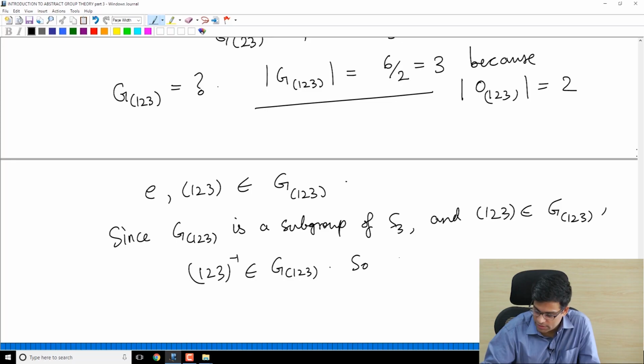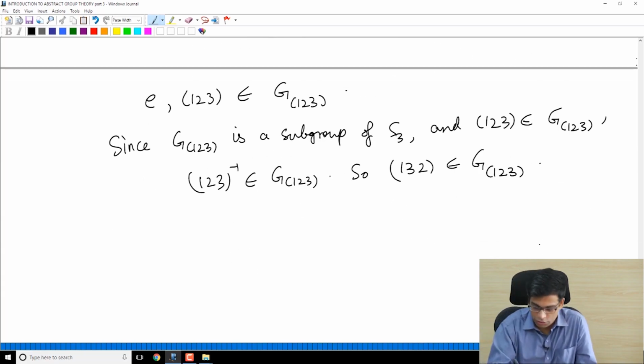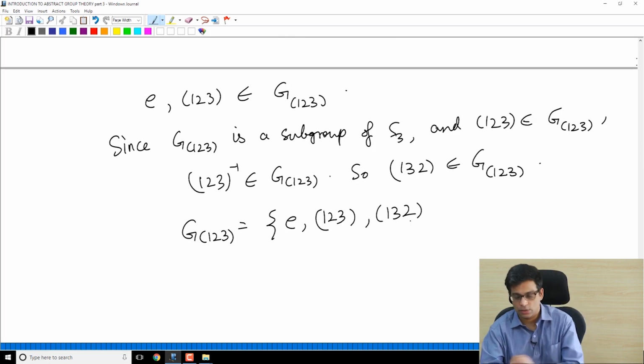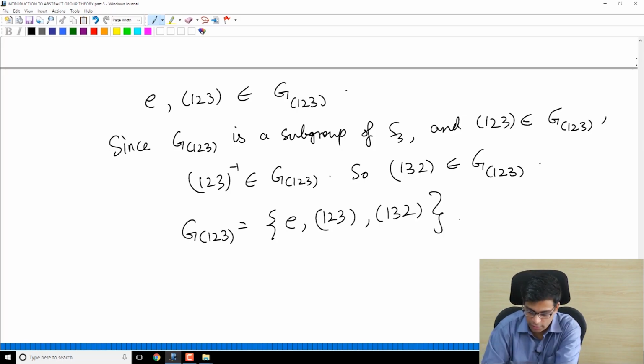So the inverse of that is (1 3 2), so (1 3 2) is in the stabilizer. So G(1 2 3) contains E, contains (1 2 3) and contains (1 3 2). But it is a group of size 3, so that must be it. This is of course also equal to the stabilizer of (1 3 2).